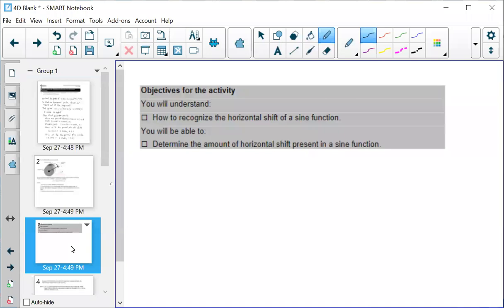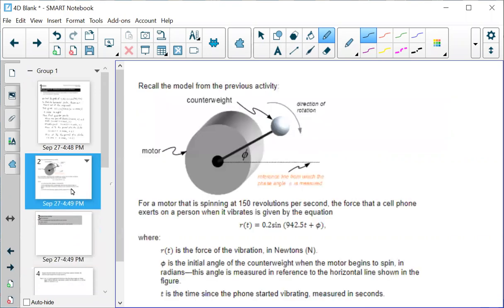Objectives for the activity. You will understand how to recognize the horizontal shift of the sine function, and you will be able to determine the amount of horizontal shift present in a sine function. Recall the model from the previous activity.